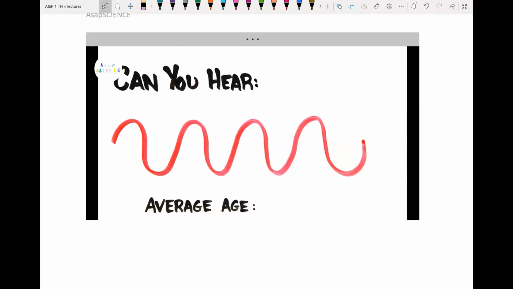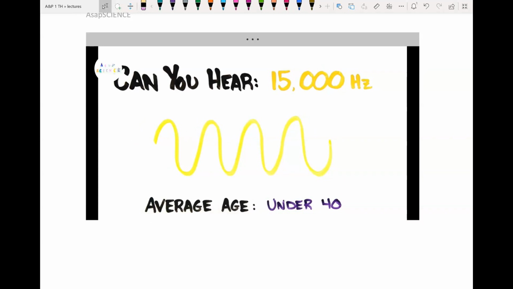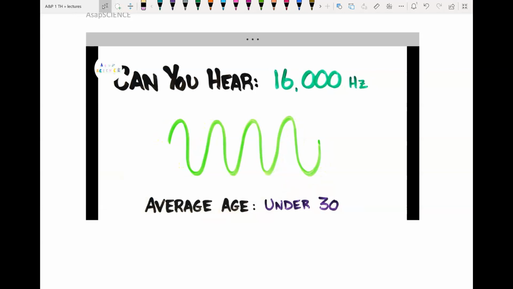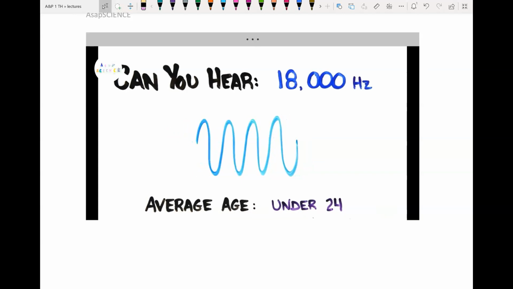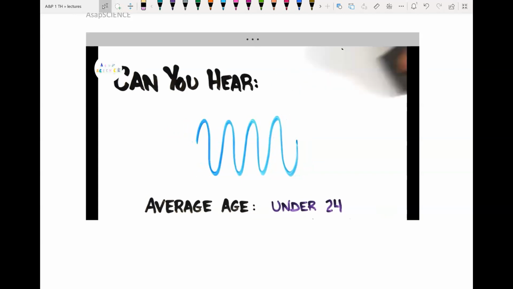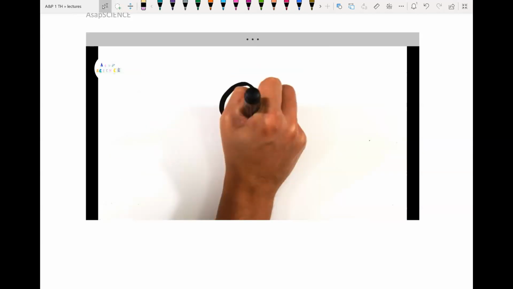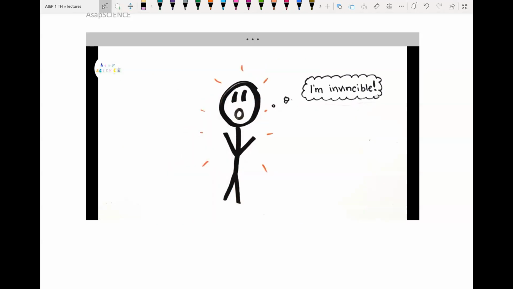But let's keep raising the frequency. How high could you hear? If you could hear all of those frequencies, you're probably under 20 years old, but that won't last forever.